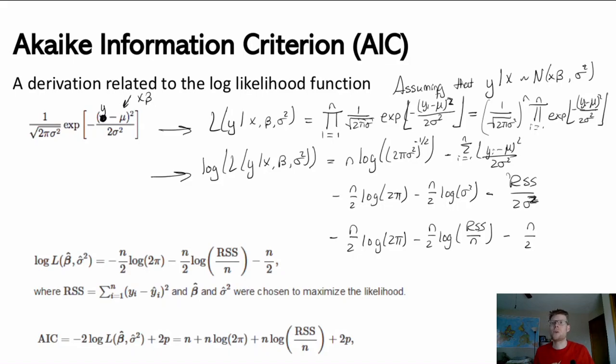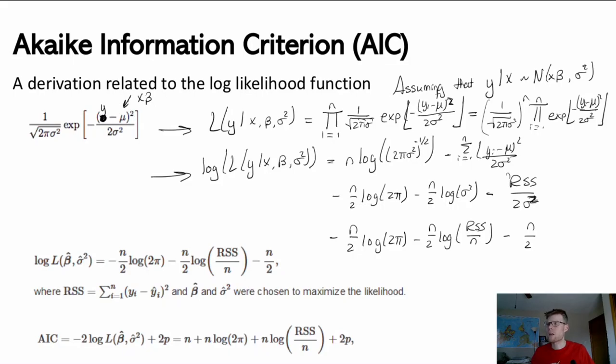So then I get to AIC here, and AIC is going to be some function of the log likelihood function. So basically we're looking at models, and we have different candidates for what beta x and sigma squared might be. And so obviously AIC is going to favor models with the smaller RSS.